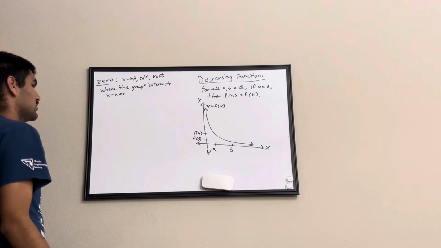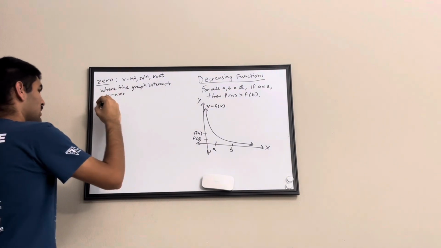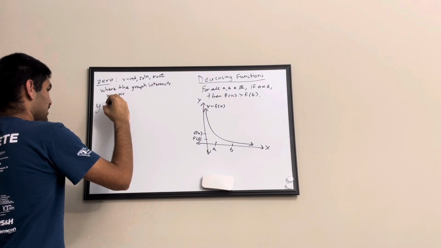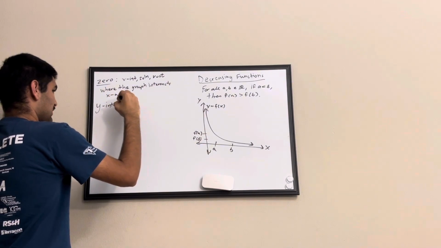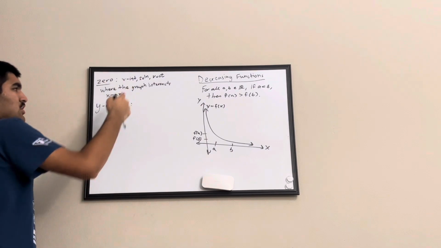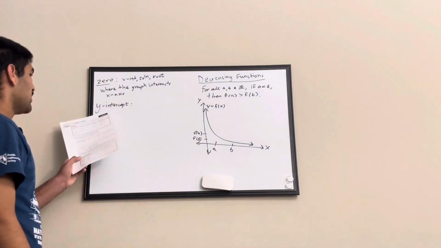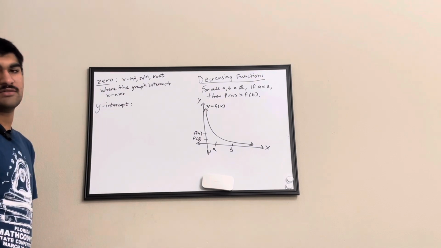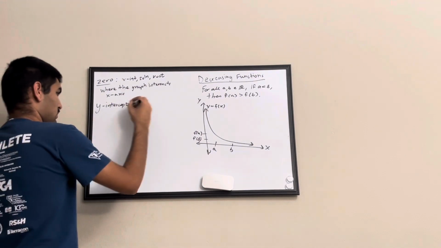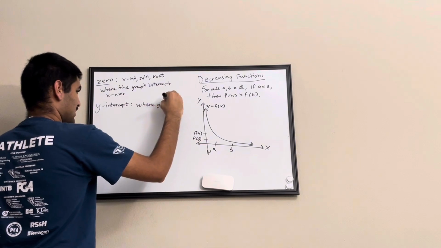The next key feature is the y-intercept. Like how the zero was where the graph intersected the x-axis, this is where the graph intersects the y-axis.